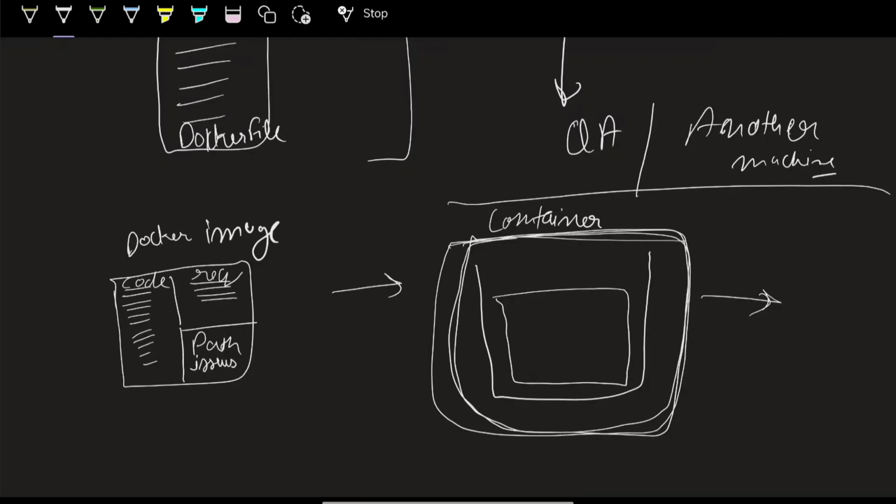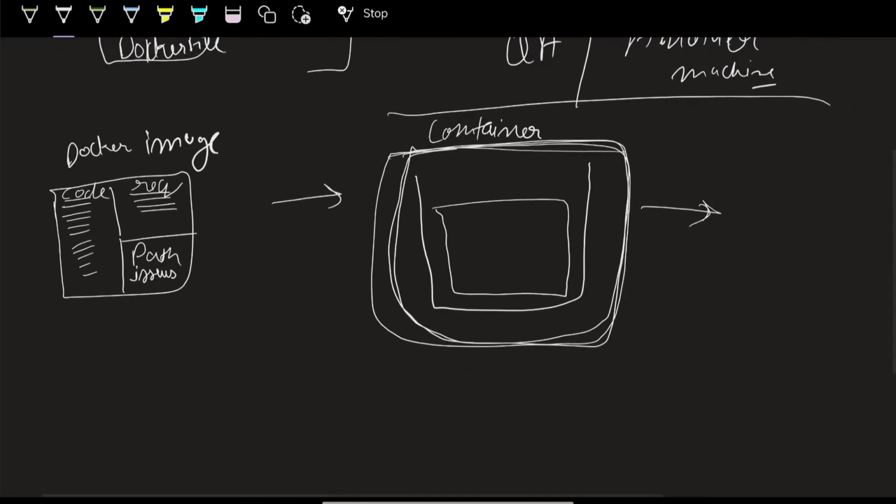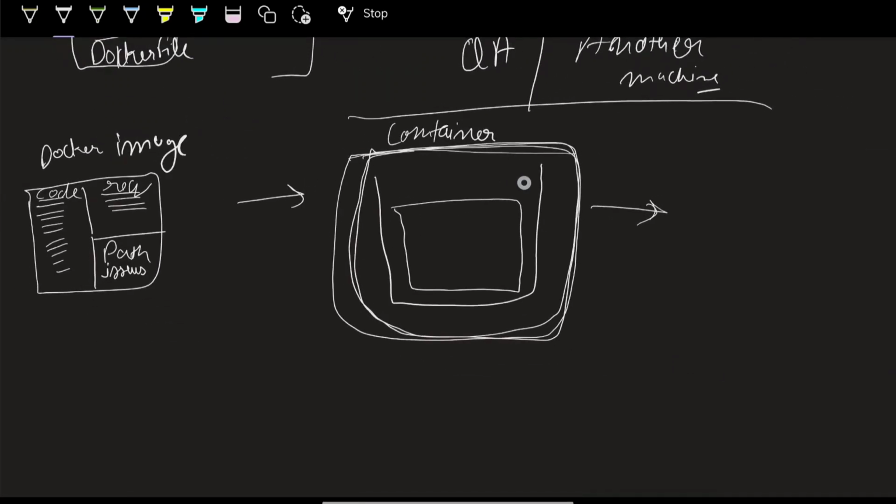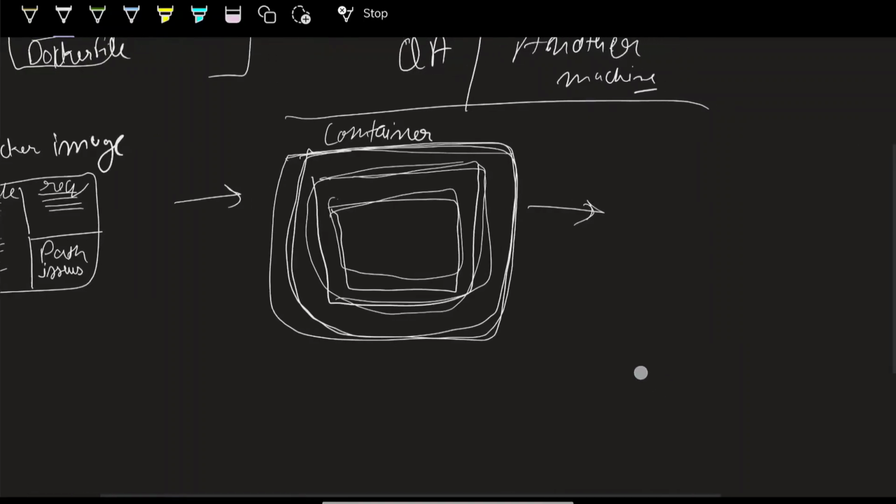Outside of this container, this code is not related to your machine now. This code is related to your container only. The code foundation is here only. It will not ask anything outside that container, and all the foundation is in this container only.